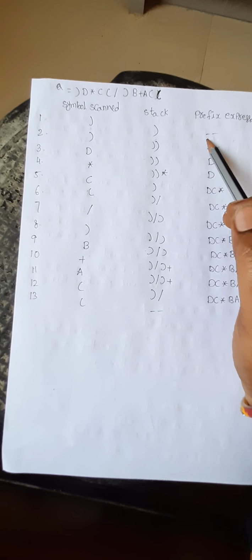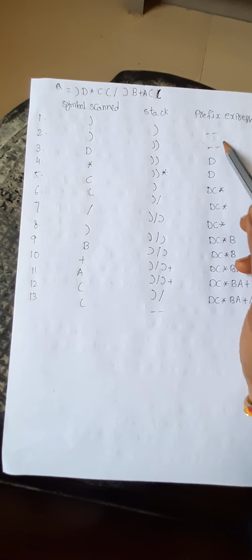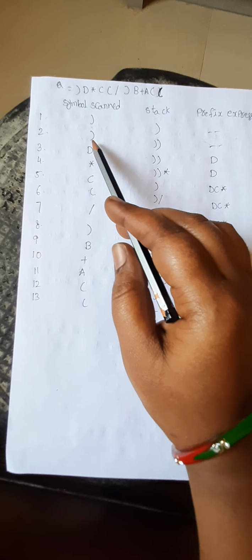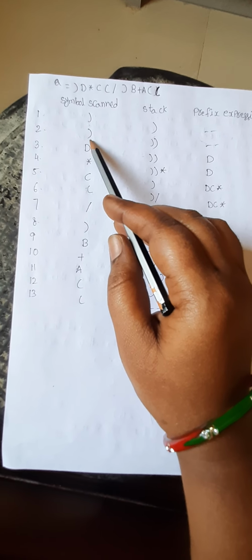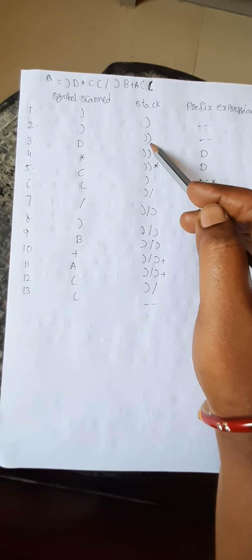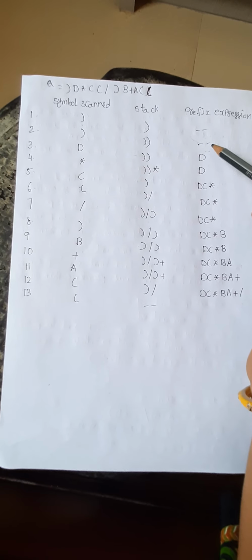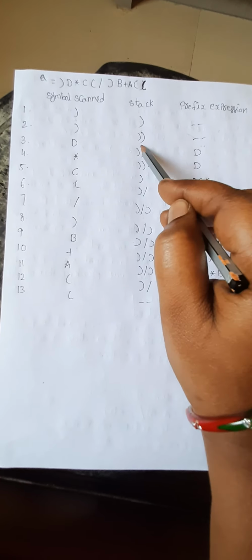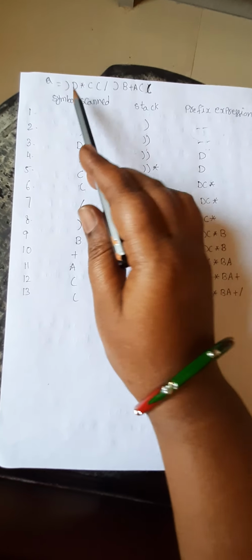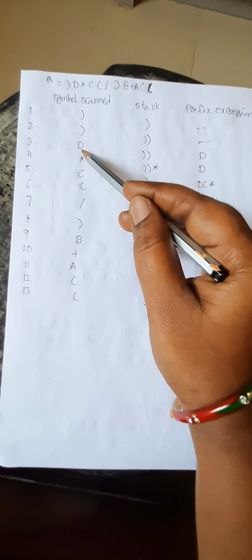Here there is no operand, so nothing will be added to the prefix expression. And again another bracket will be scanned, and in this prefix expression nothing is there, that means no operand is there, so it won't scan the parenthesis. And next is D.